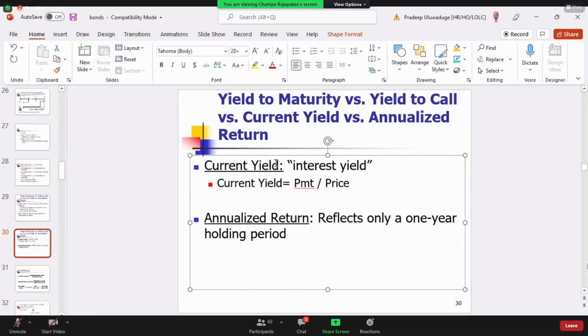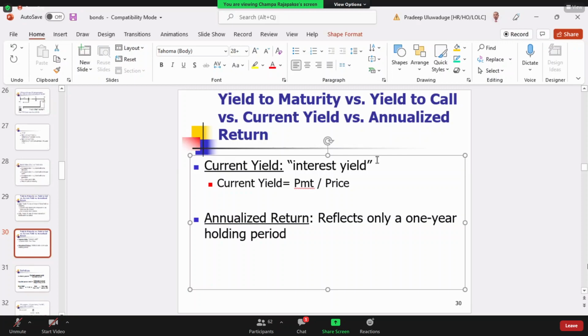Then the current yield, or the interest yield, is calculated as the coupon payment divided by the price.